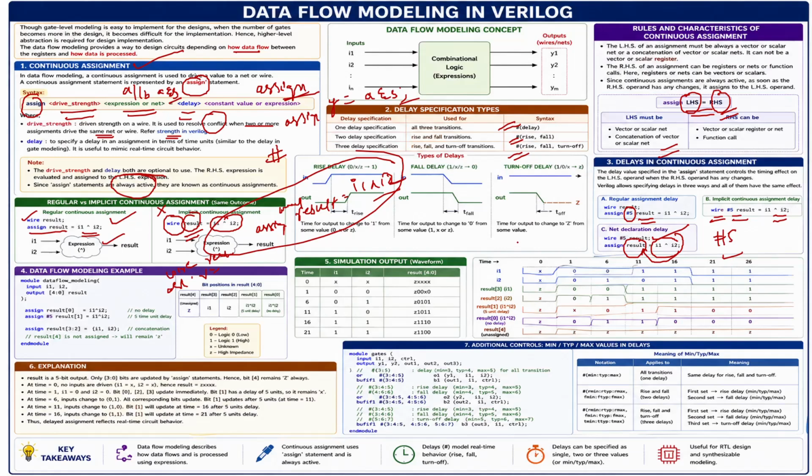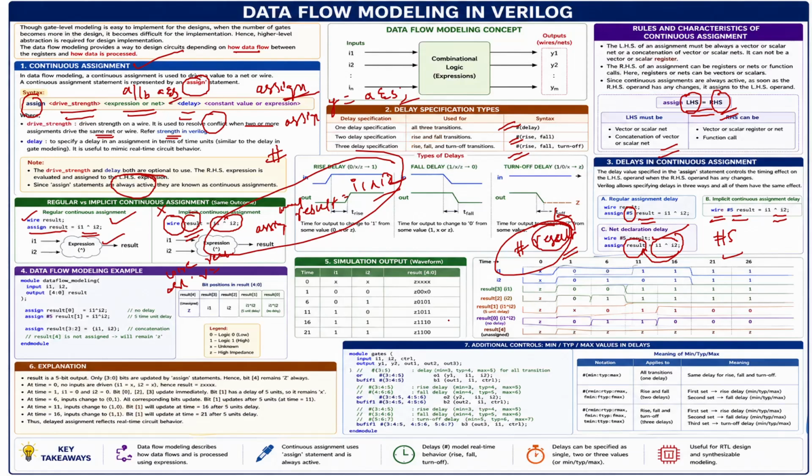Because you are applying delay to your variable, whatever the result you have, you get it after that delay. That means the output is assigned to the result immediately, but the result appears at the output side after some delay. That is the net declaration delay, wire delay.